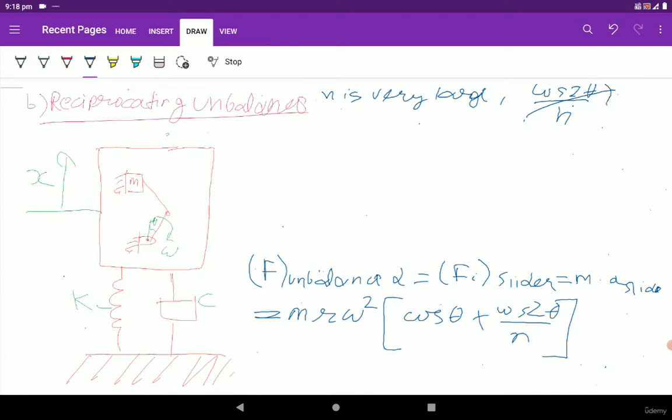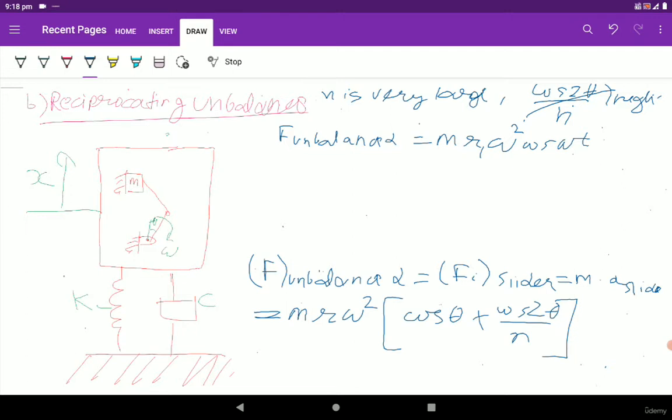So the equation becomes F unbalanced is equal to m r1 omega square cos omega t.